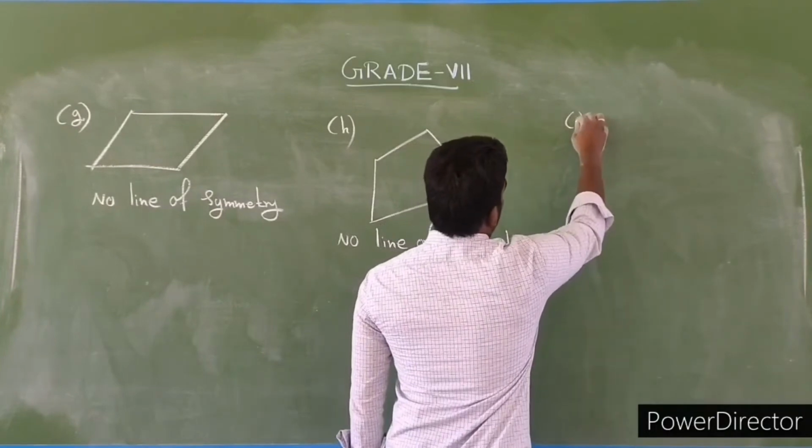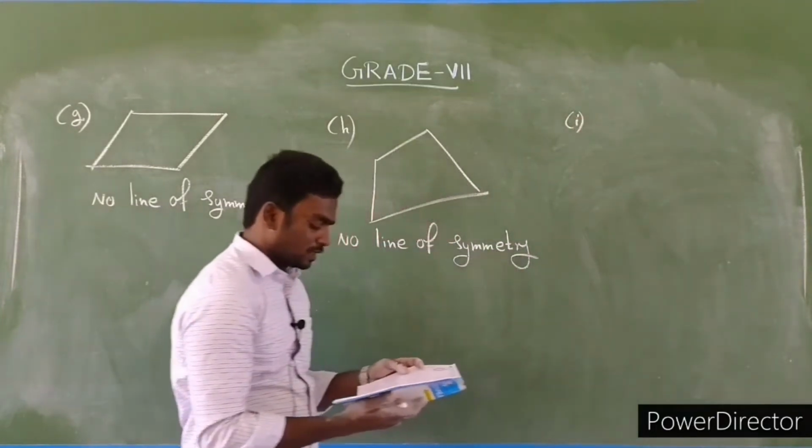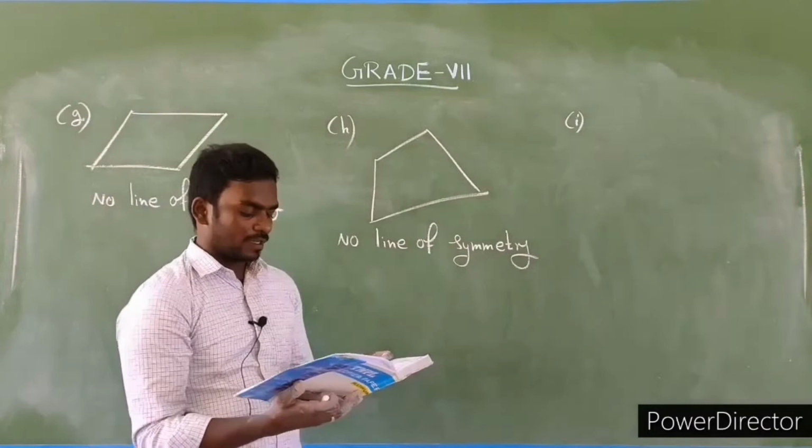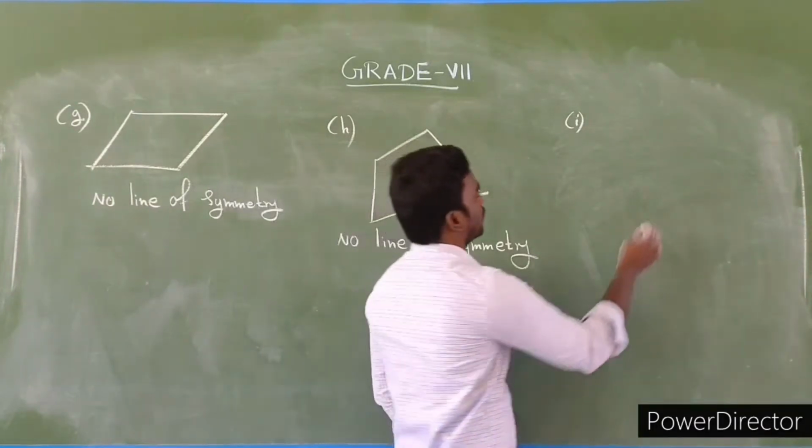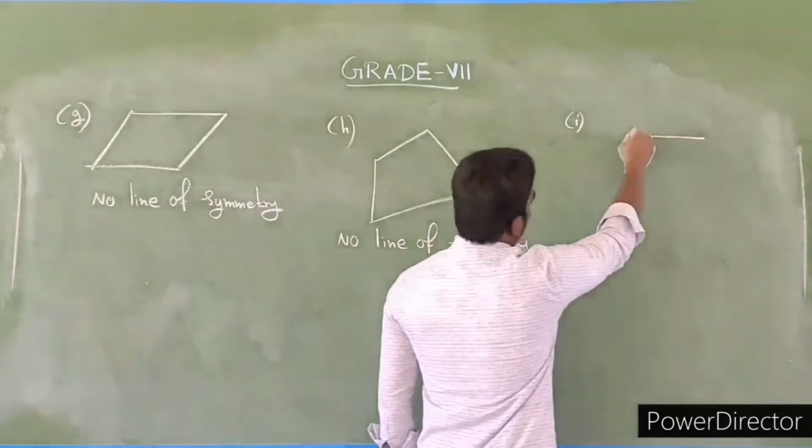Next, what is I? I is a regular hexagon. A hexagon is a six-sided polygon. A regular hexagon means all six sides of the polygon are equal in measure.